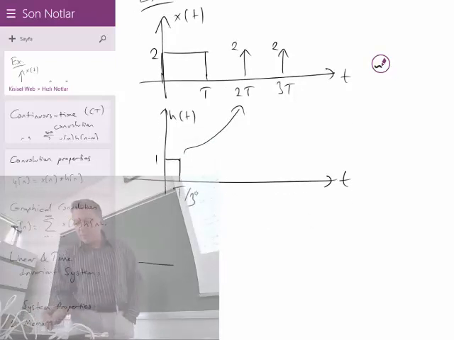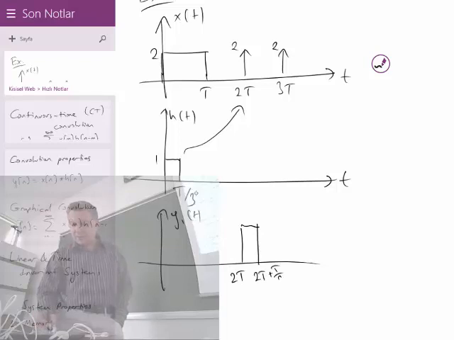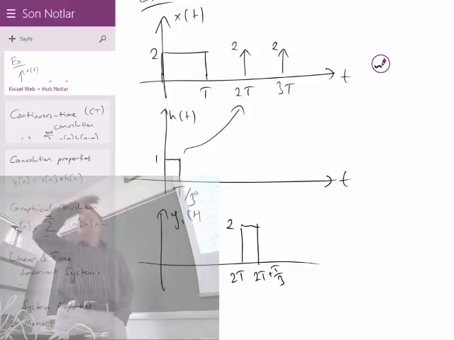So one component, let's call it y1 of t, would be like this. It would be from 2T to 2T plus T over 3, exactly the same width, but the peak value will be now 2 instead of 1, because the impulse is scaling that.